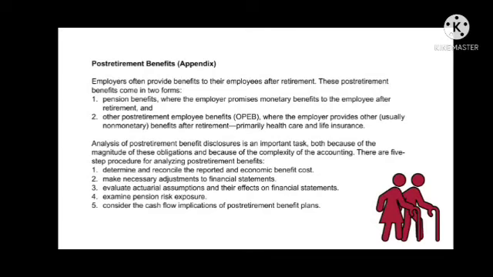Two, make necessary adjustments to financial statements. Three, evaluate actuarial assumptions and their effect on financial statements. Four, examine pension risk exposure. And five, consider the cash flow implications of post-retirement benefit plans.